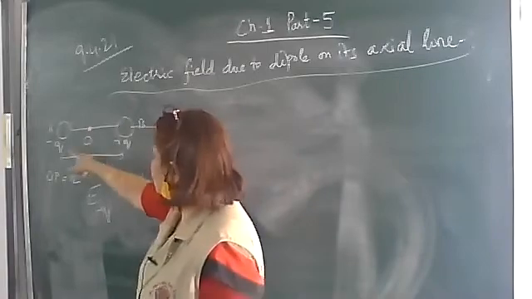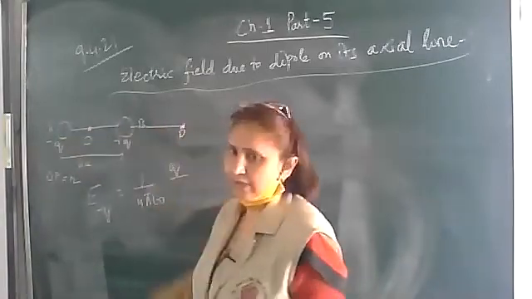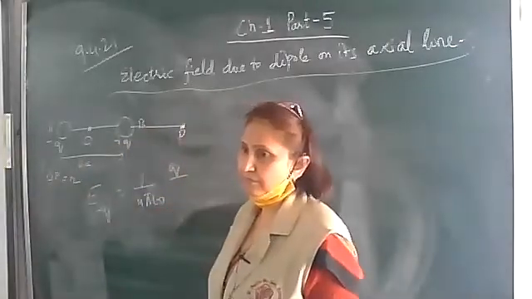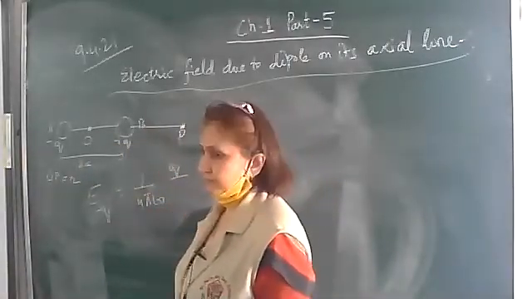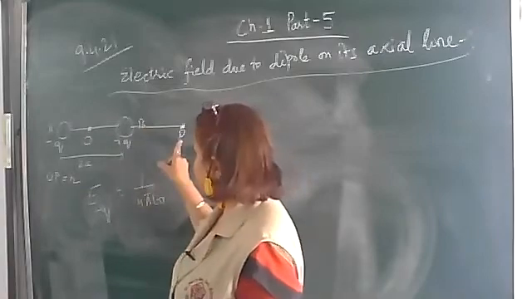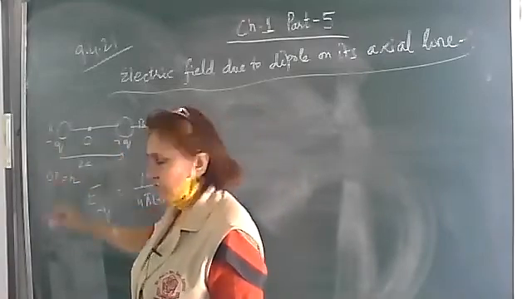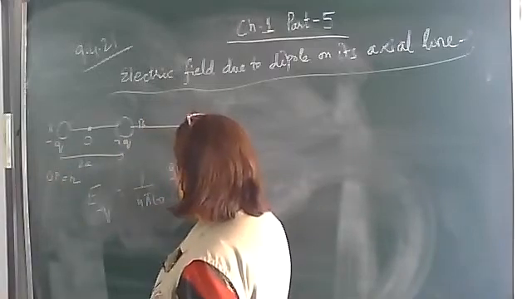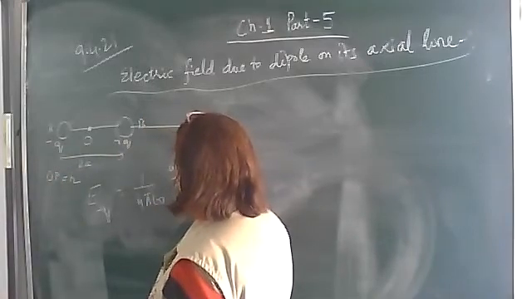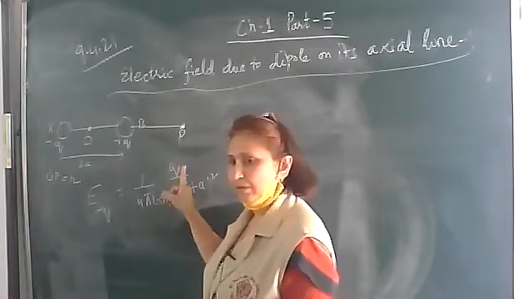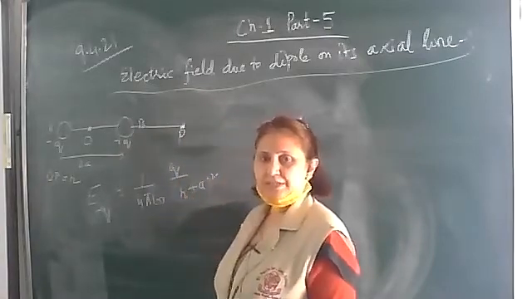Now what is the distance? AP square. Can anyone tell me how much AP is equal to? This is R plus a. So the distance is R plus a whole square.